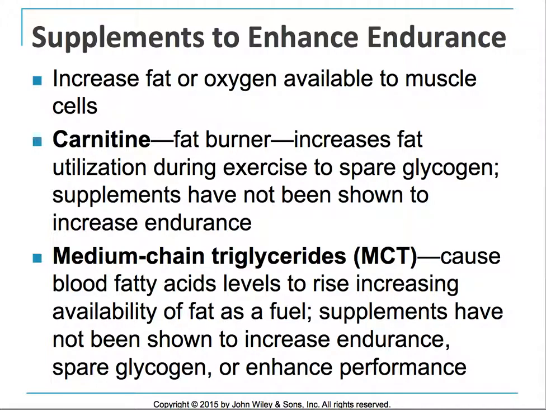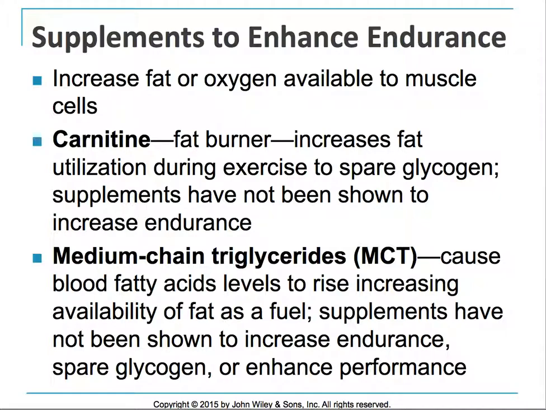Supplements to enhance endurance work to increase fat or oxygen available to muscle cells. These include carnitine, which is a fat burner, increases fat utilization during exercise to spare the use of glycogen. Supplements have not been shown to increase endurance.